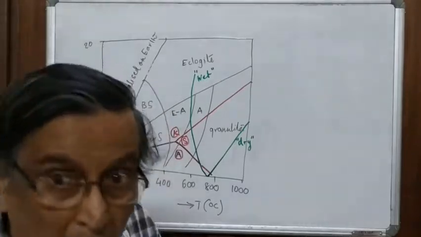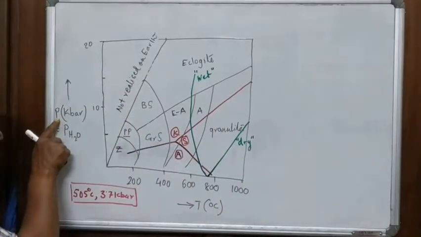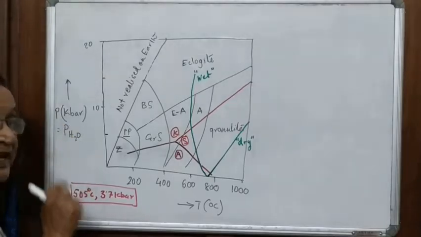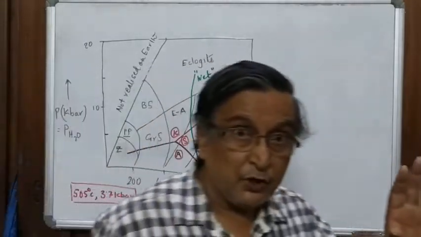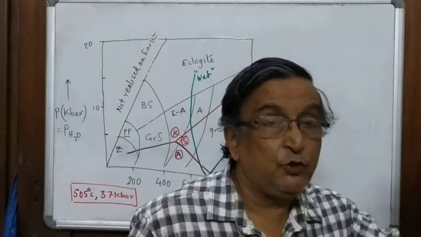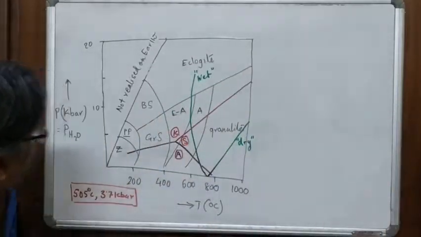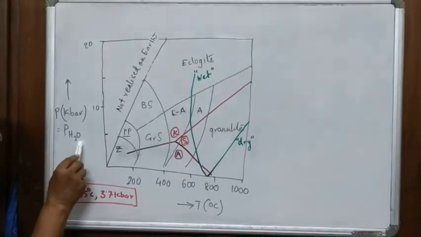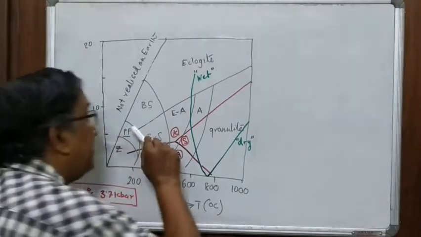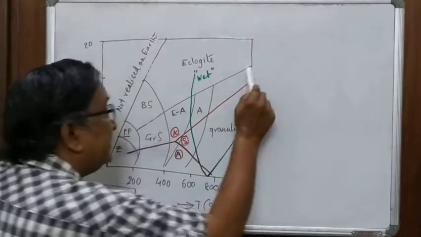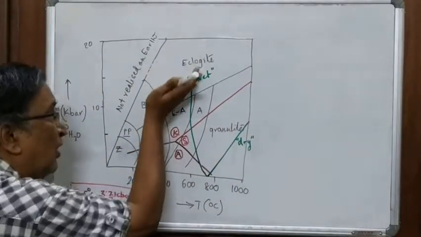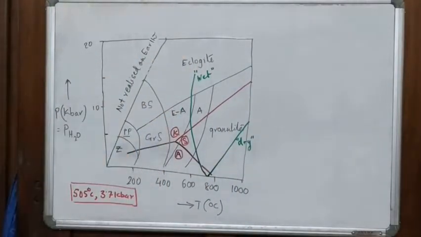For a normal MORB, for the condition P total equals PH2O. Very important, P total is equal to PH2O. For this condition and for a normal MORB, this is a reaction that sets the lower limit of the eclogite facies.